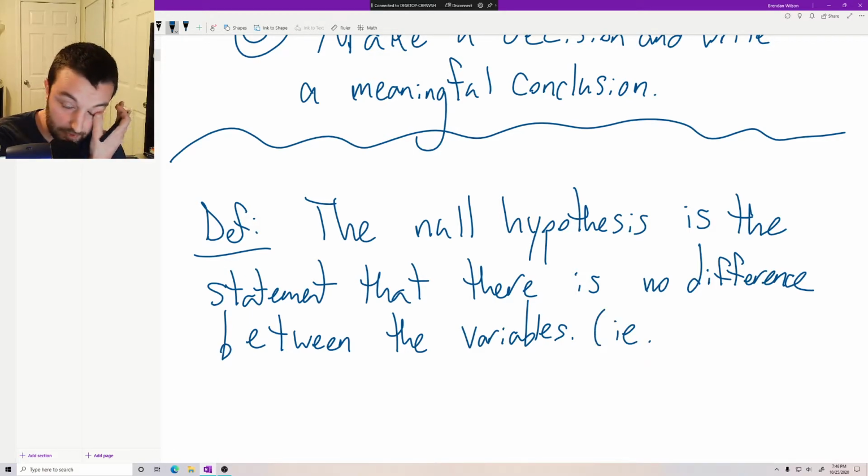This is how the book words it. I think it's maybe a little bit confusing how they word it here, that there's no difference between the variables.